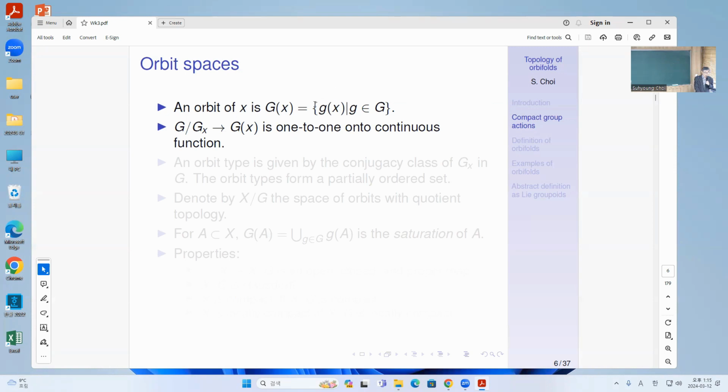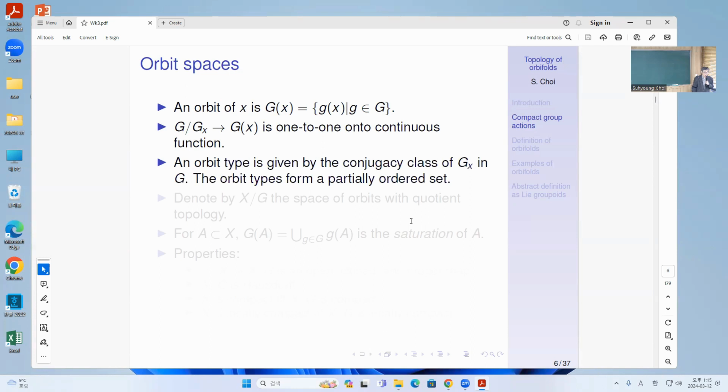So if you have some g times h with h in G_x, then you can change h because it's in G_x. Okay, so that gives you a well-defined map, and it's onto because you can see that the map from G to Gx is onto, and also you can show it's continuous as well, right?